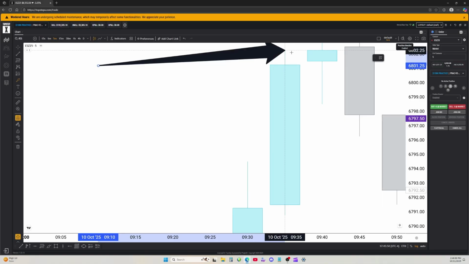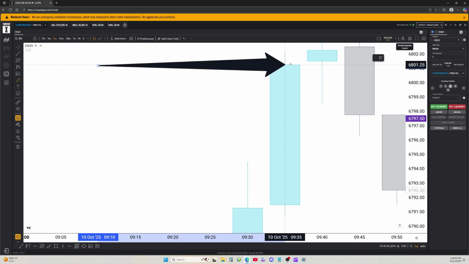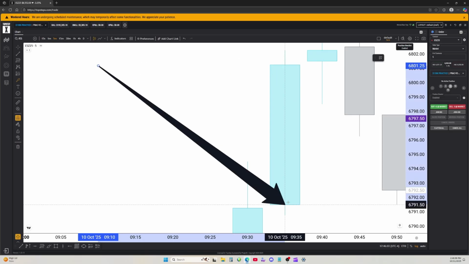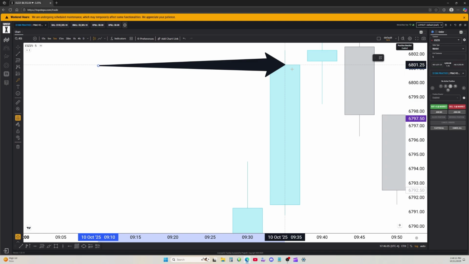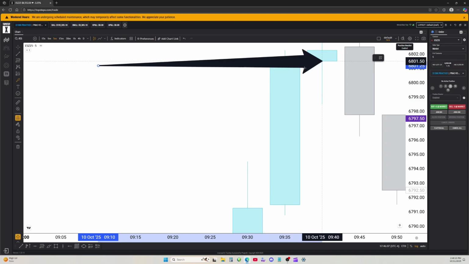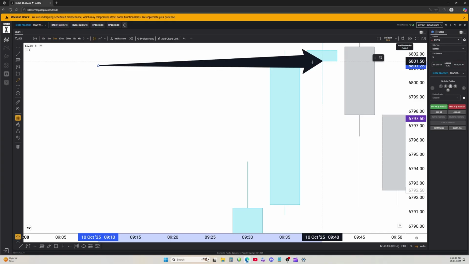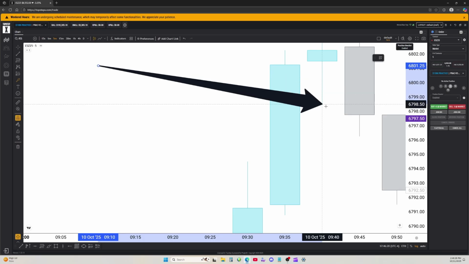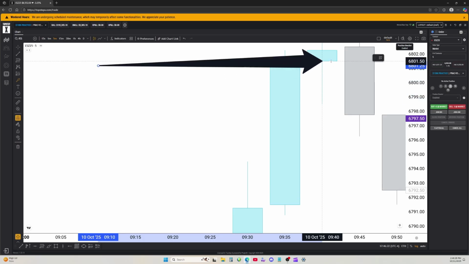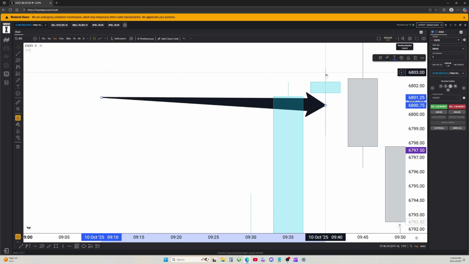Then it probably went up here, then it came back down here and closed. At 9:35, that's when it opened, and at 9:40 it closed at 9:39.99. Then it opened at 9:40 to the next candle, goes down, came up, right?